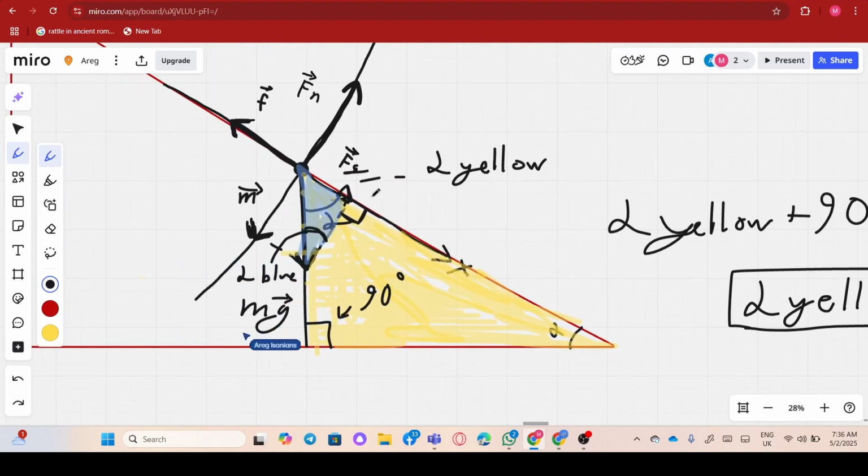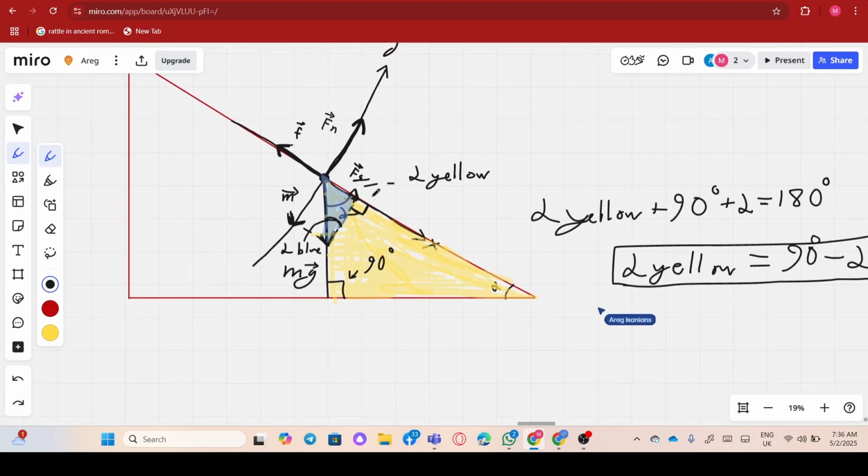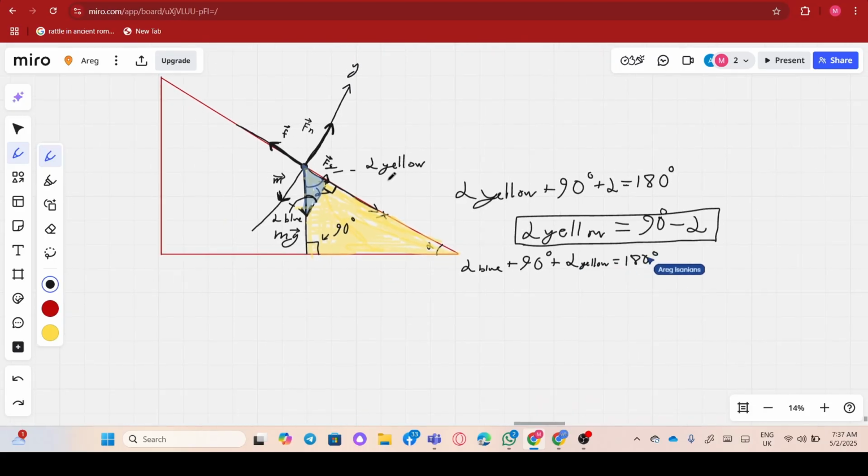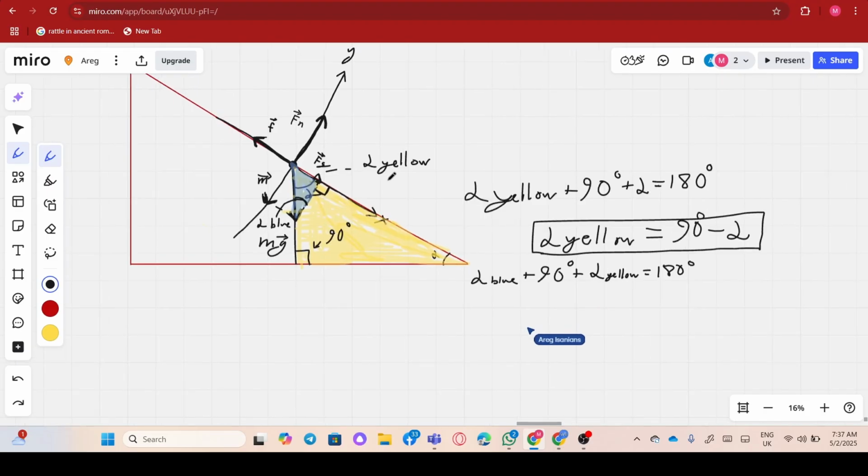So we'll do it under alpha blue, with blue as a subscript. Then we add 90 degrees plus alpha yellow, which should equal 180, the sum of the angles of a triangle.